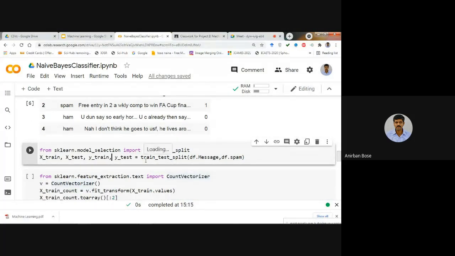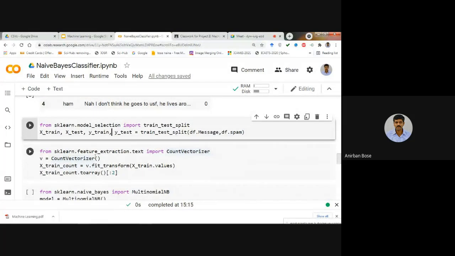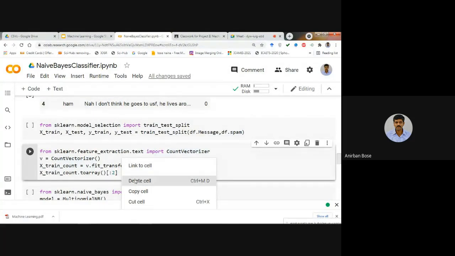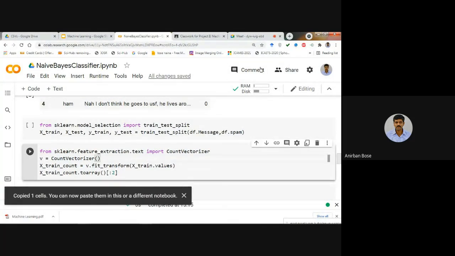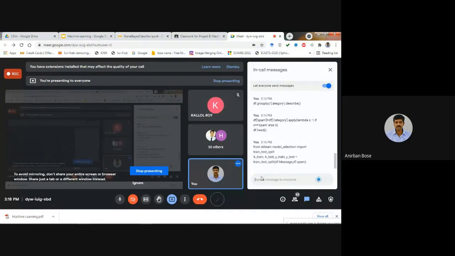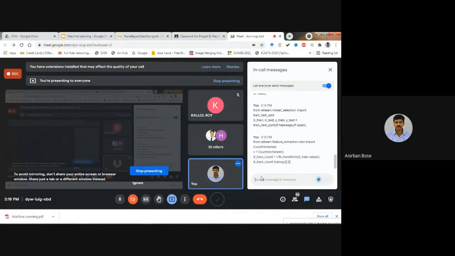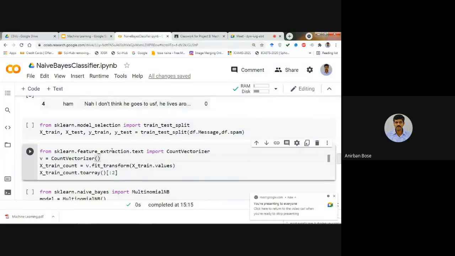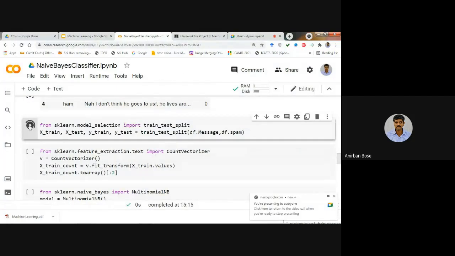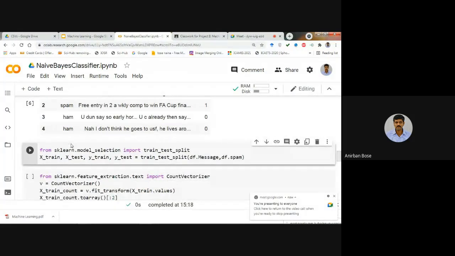And for that, what we have to do is that this particular code snippet is very, very important. So first of all, you execute that part. That means the splitting of the data.